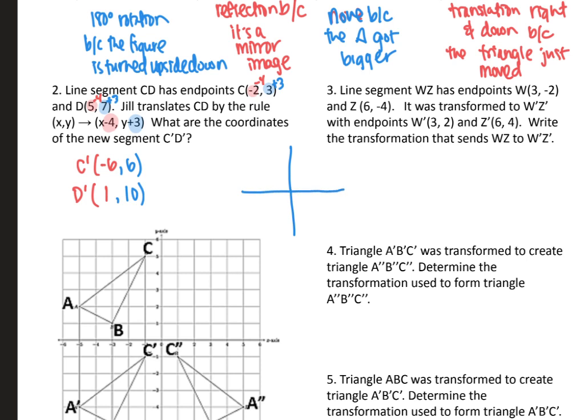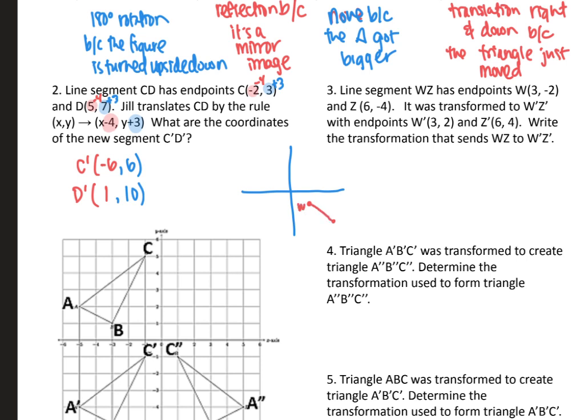So W was (3, -2), maybe somewhere around here. And then Z was (6, -4). So (6, -4) might be right here.